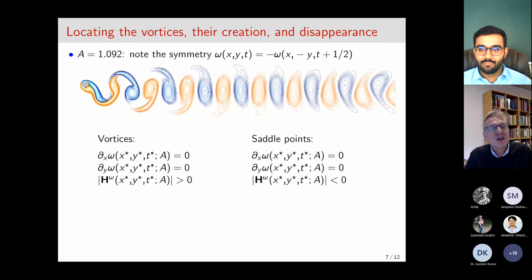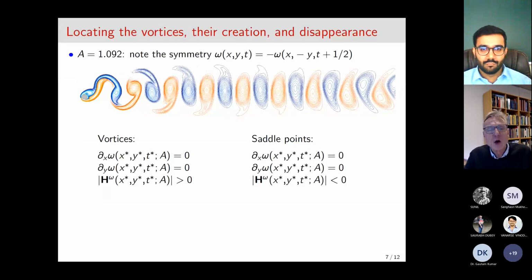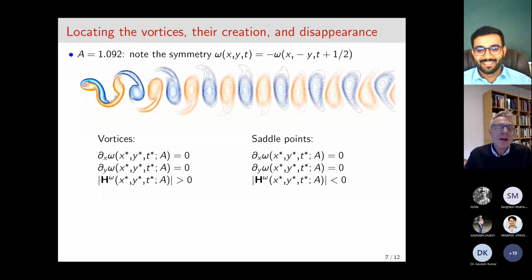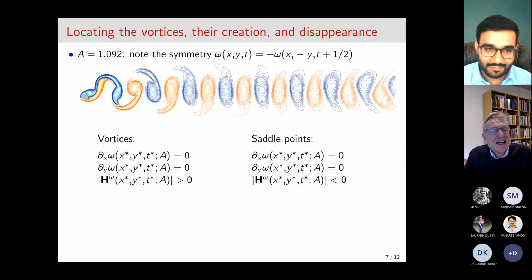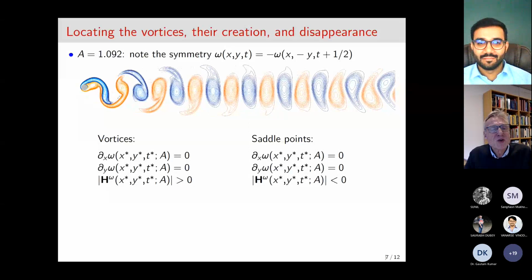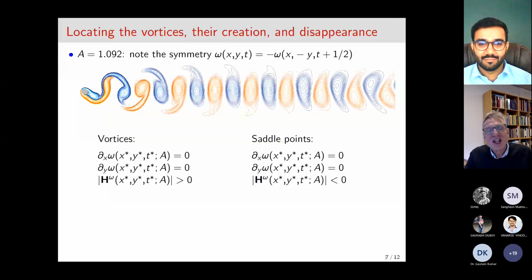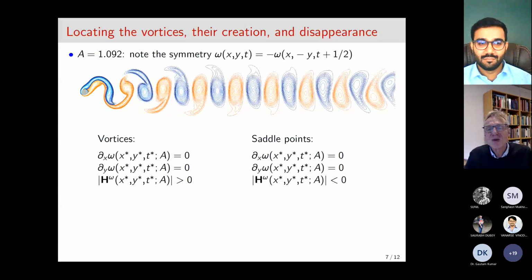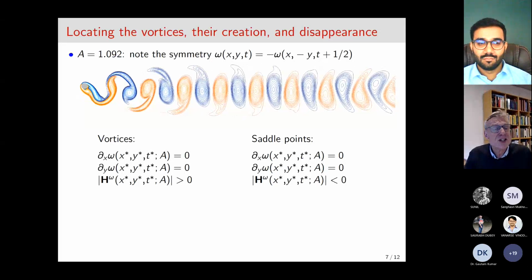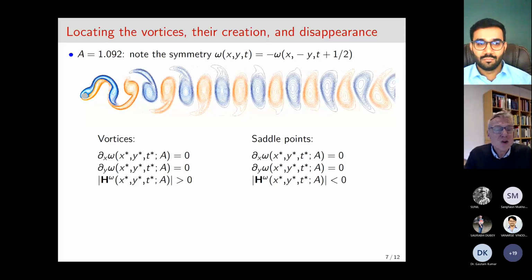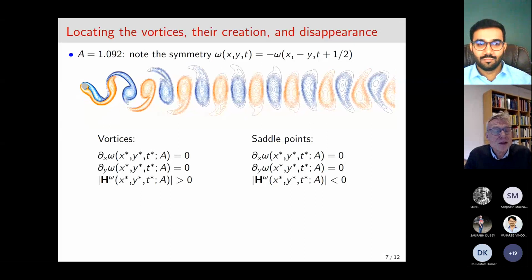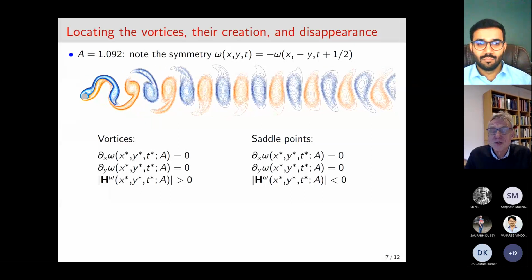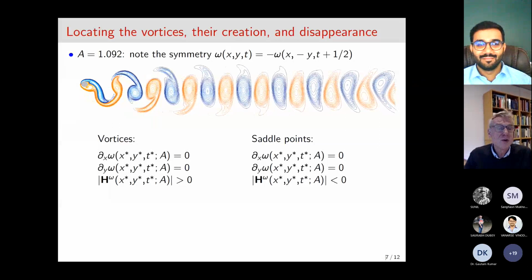And if you try to do that, the gates to hell open, because what is a vortex? It seems that there's no generally accepted precise mathematical definition of what a vortex is. There are many definitions out there. I saw a recent review paper that mentioned more than 20 different definitions of what a vortex is.